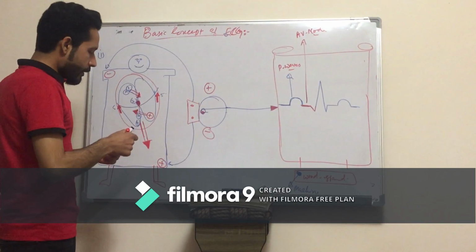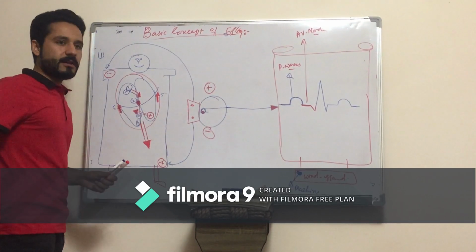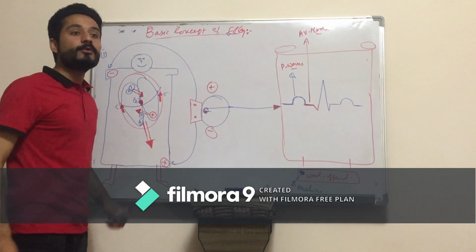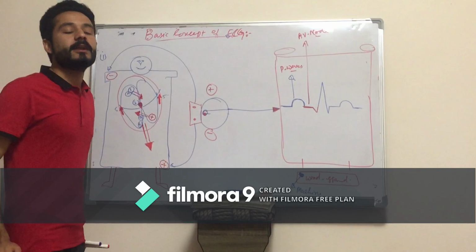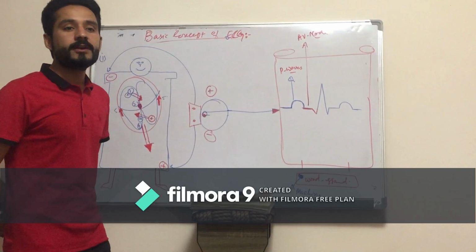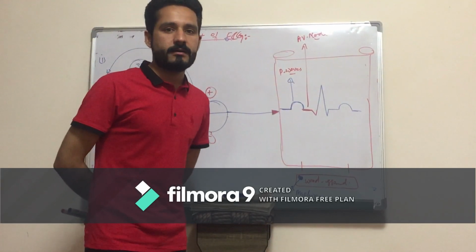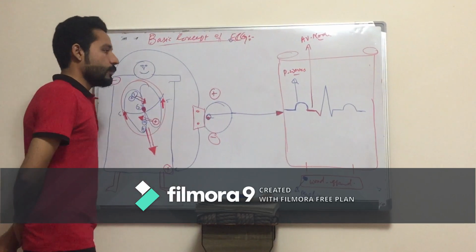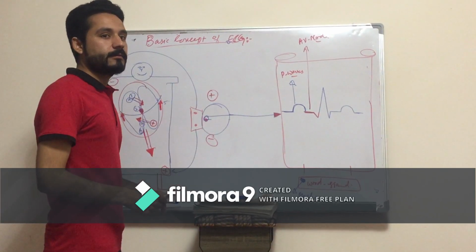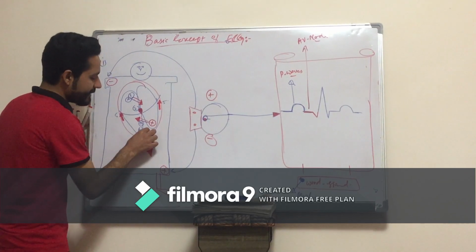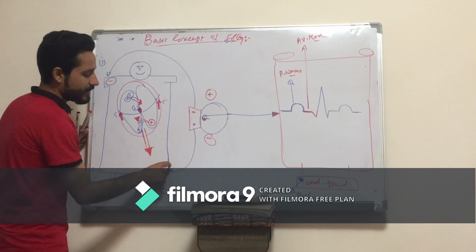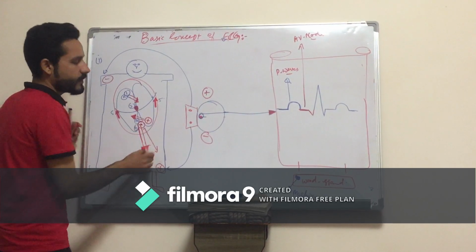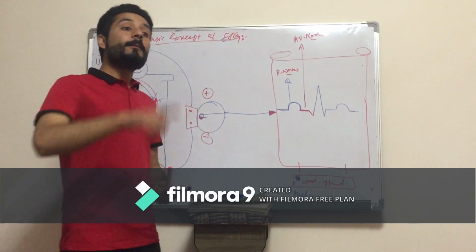Now, when this action potential from the septum enters into what? Into the ventricle, into the major ventricle. What will happen? Major ventricular depolarization will occur. As you know, this vector is going toward the positive. As you know, this is positive. So from positive to positive, the deflection will be positive.